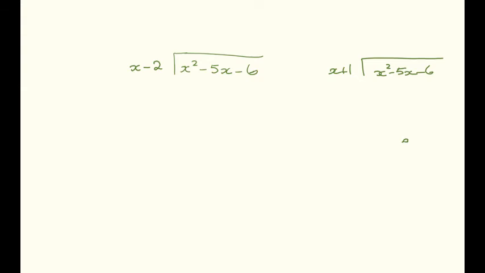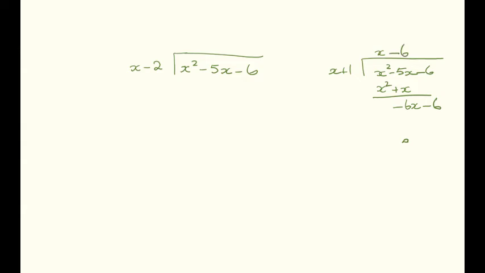So if I do my process of long division, this x will go into x squared x times. I multiply that then, so x times x gives me x squared, x times 1 gives me x, and then I subtract. So minus 5x minus x gives me minus 6x. Then I bring down the next term, minus 6. If I then divide x into this, it will go minus 6 times.